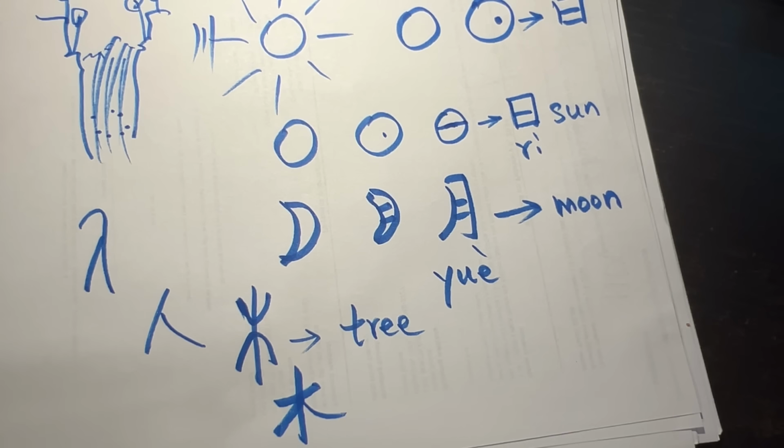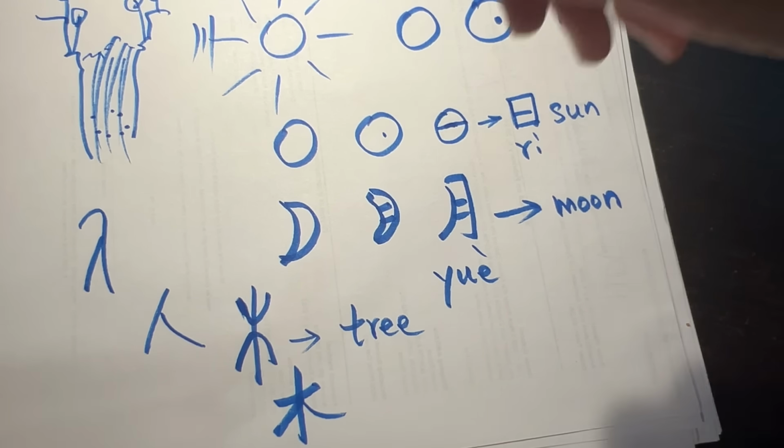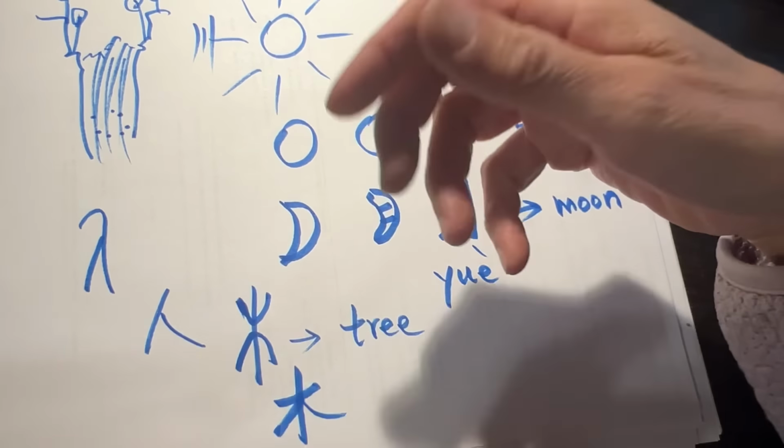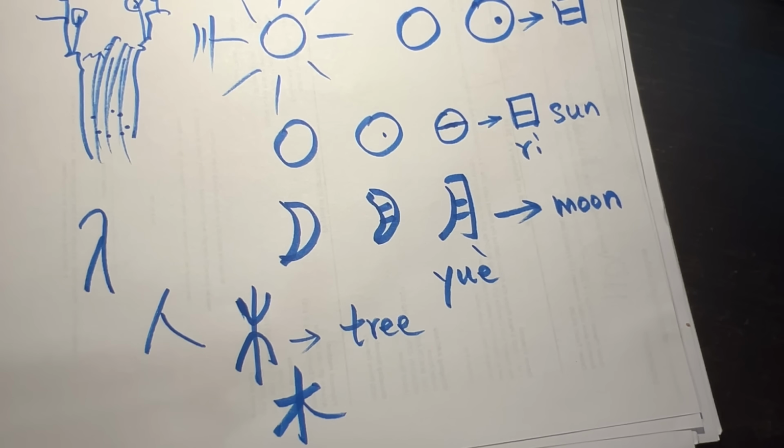And he was not a fan of the 儒家, the Confucius, and the very modest, mild, polite way of controlling the country.